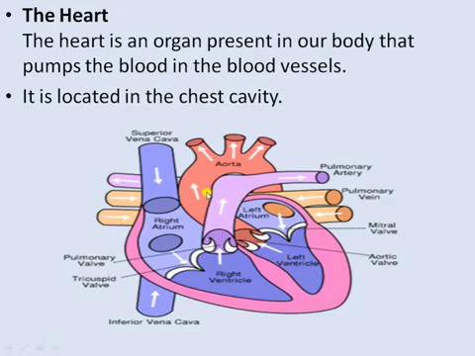And the right atrium of the body receives the deoxygenated blood from the body through the vena cava. From the superior vena cava, the right atrium receives the deoxygenated blood. Vena cava is the largest vein of our body.